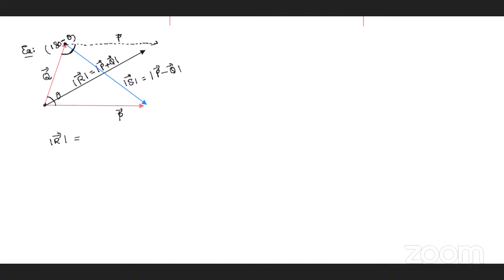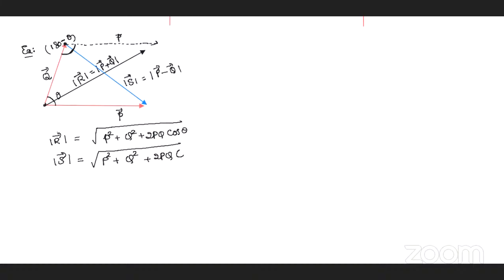That implies mod R bar equals root over P square plus Q square plus 2PQ cos theta.